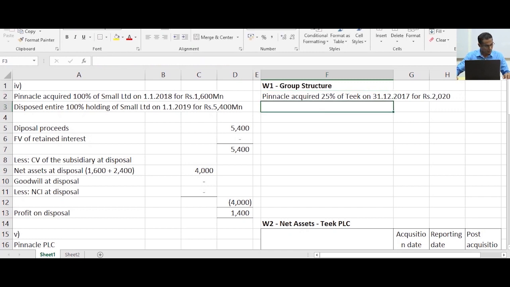On that date, reserves were standing at 5,800 million.